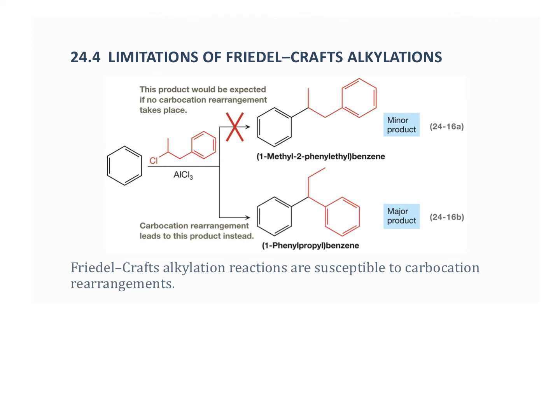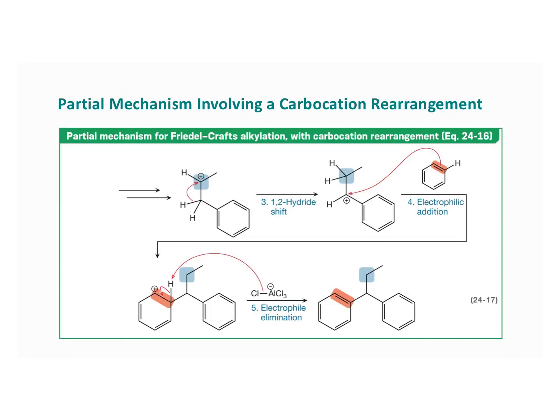Now, let's look at the partial mechanism here because I just want to remind you about this. We get a hydride shift and then it undergoes the electrophilic addition and electrophilic elimination, and that's how we see this product being made. So just a brief reminder here.